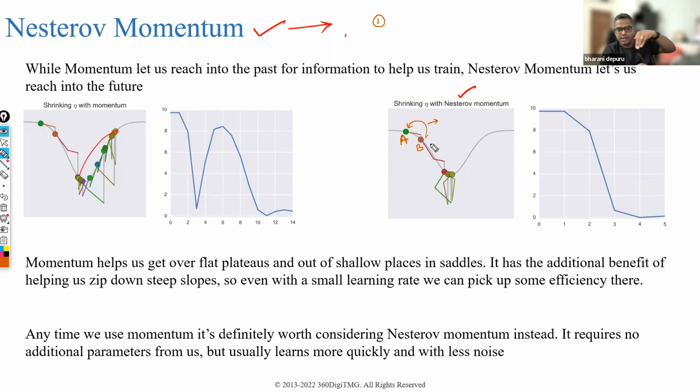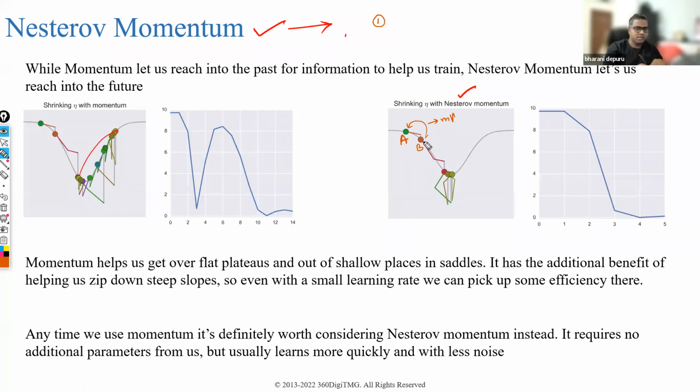How much was the gradient change? Let that be called M, momentum. And then we scale it by a factor of gamma, the momentum scaling factor. We add this scaled momentum to B to give it a new prediction point.